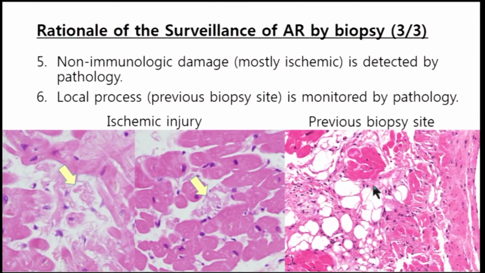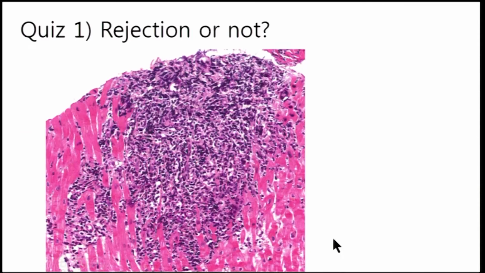And this is a previous biopsy site. It is very well known that the catheter usually follows the same course as the previous insertion, so it's possible to see this kind of situation. But we have to understand this is a previous biopsy site rather than damaged myocardium.